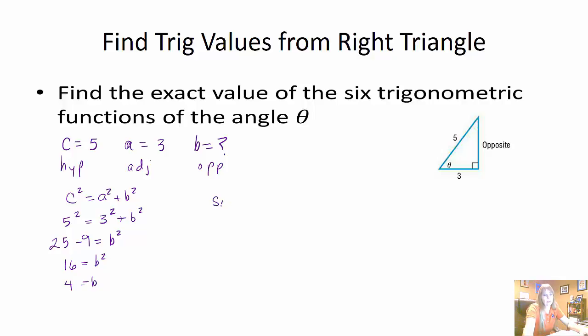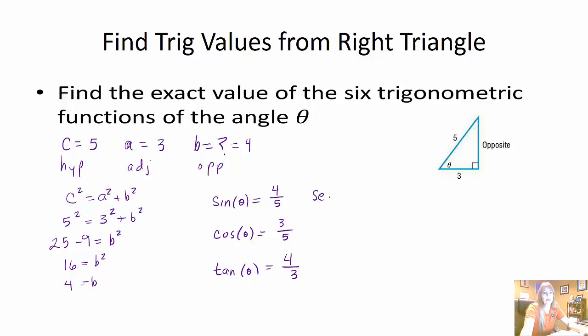So away I go with my SOHCAHTOA. Sine is opposite over hypotenuse, so let's write the opposite that we just found. Cosine is adjacent over hypotenuse. Tangent is sine over cosine.